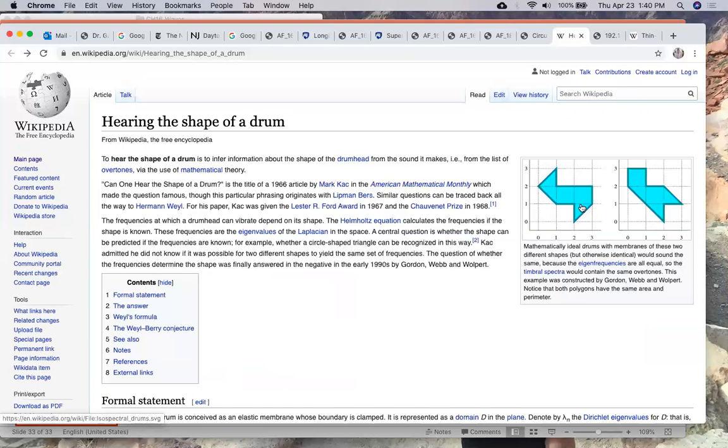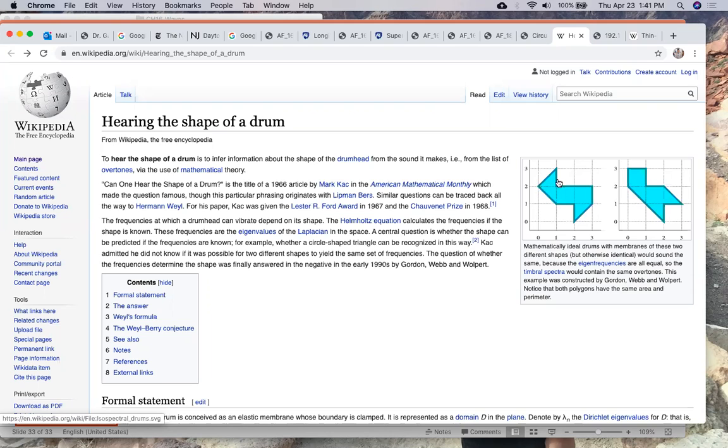Now mathematicians will of course generalize the problem to all cases. For two-dimensional shapes, it turns out that these two drum heads would produce the same frequencies. So you couldn't tell the difference between these two drum heads if you had your eyes closed.